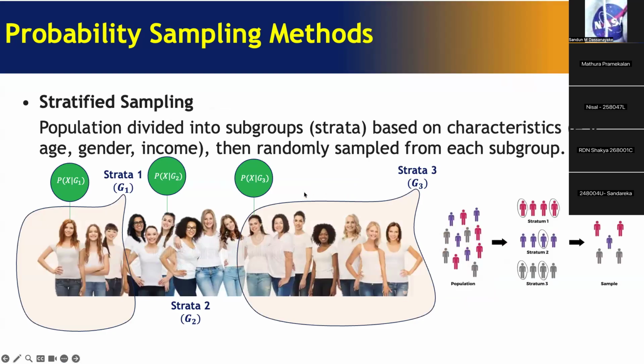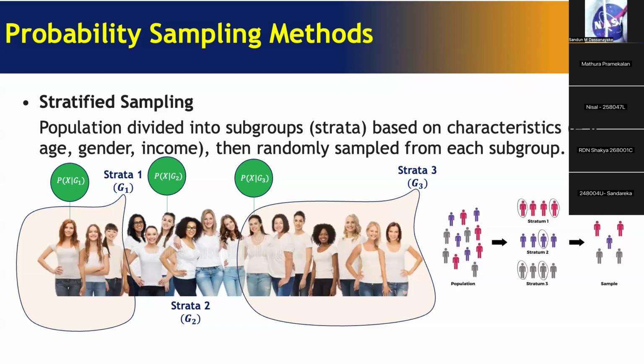Now, in the case of stratified sampling, what we do is we divide the population, not the accessible population, the sampling frame, into subgroups, strata. So you have to be very careful when you are selecting the sampling frame as well, because the sampling frame is not your subgroup. The sampling frame is the accessible population that captures all the things that you need.